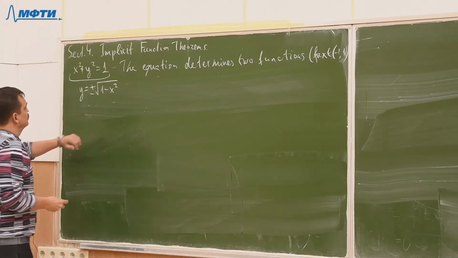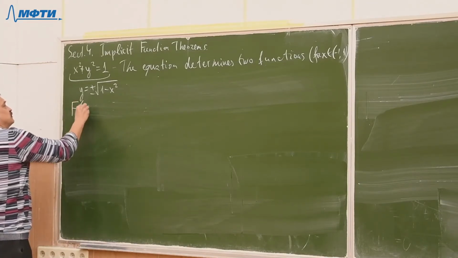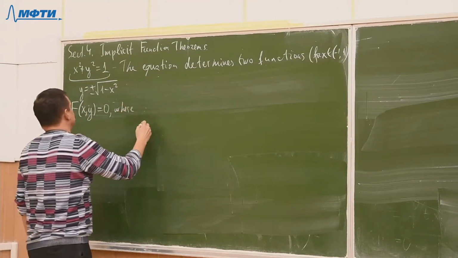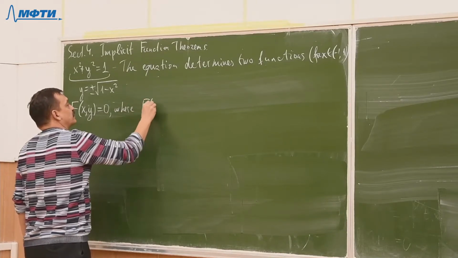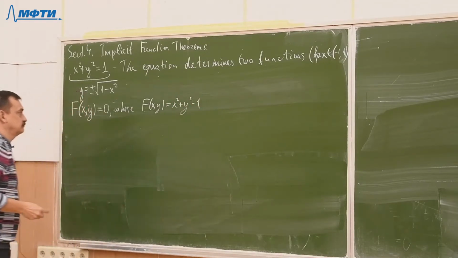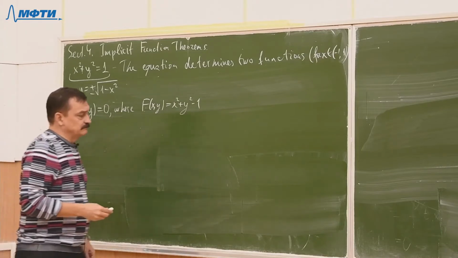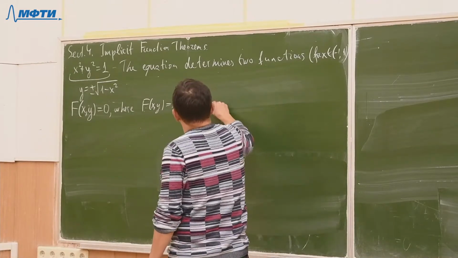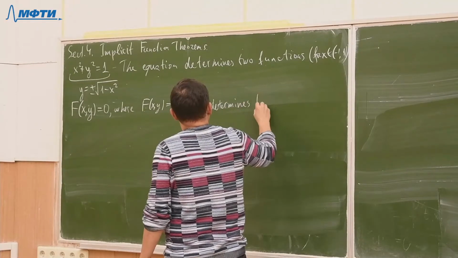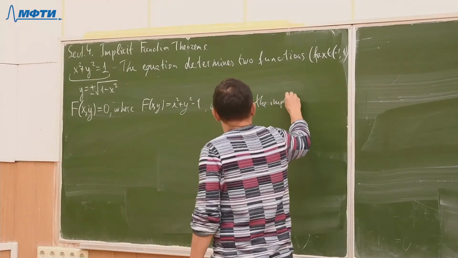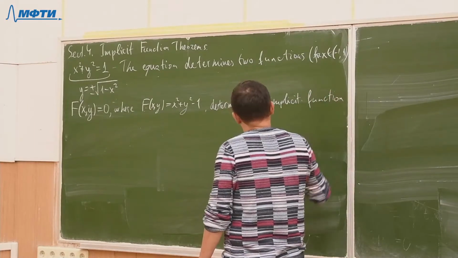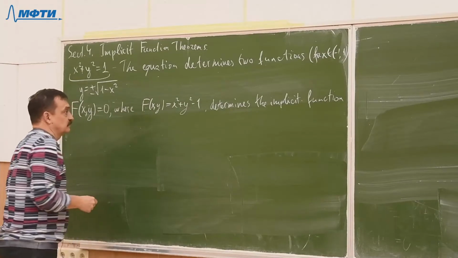And that is to say that the equation f(x, y) = 0, where f(x, y) = x squared plus y squared minus 1, determines the implicit functions.